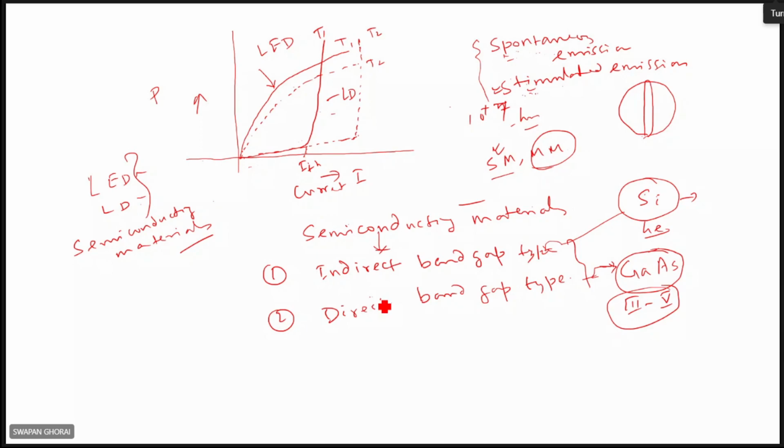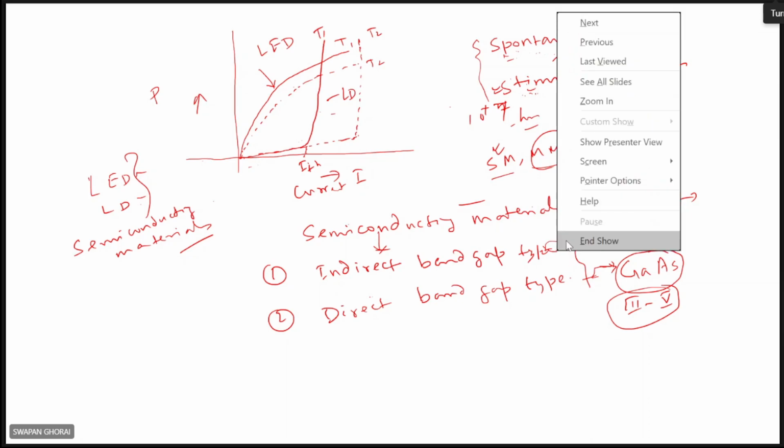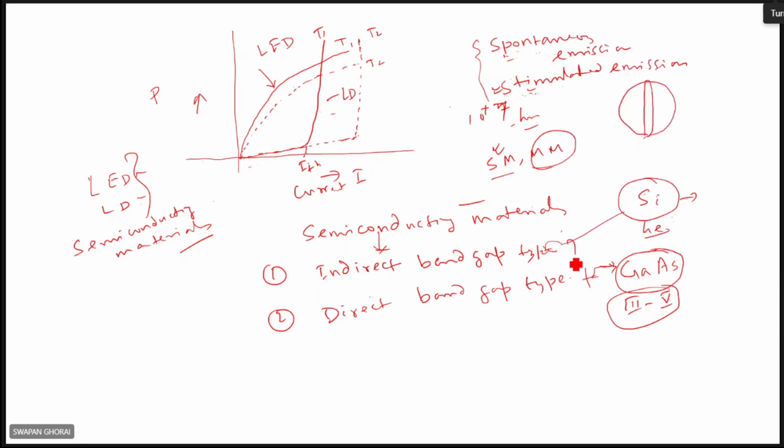In indirect bandgap materials, for example silicon and germanium, the conduction band minimum and valence band maximum do not occur at the same momentum value. In direct bandgap materials, the conduction band minimum and valence band maximum occur at the same momentum value.